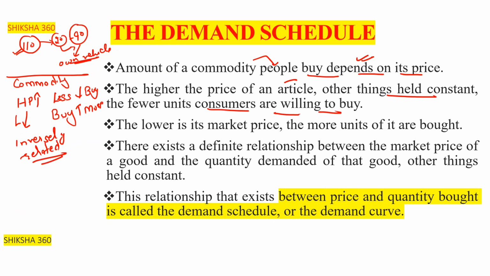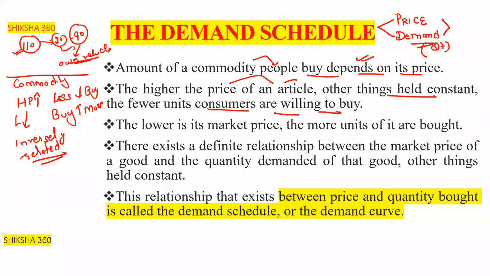Under the demand schedule, we have to discuss two terms. The first one is price, and the second one is demand, which is the quantity.